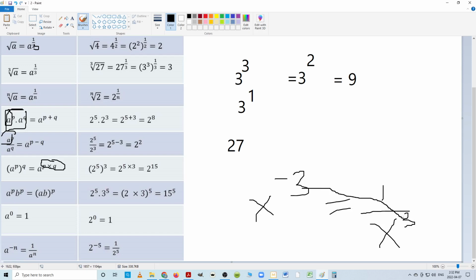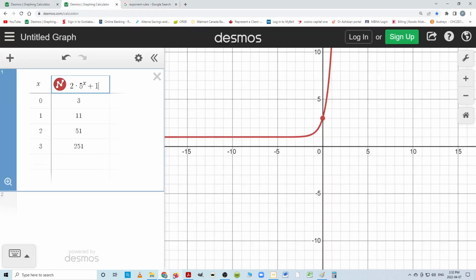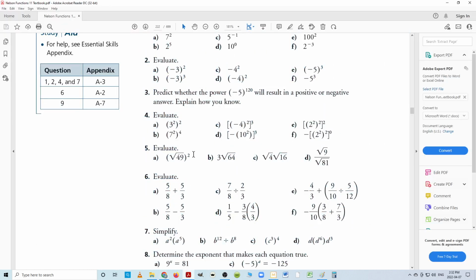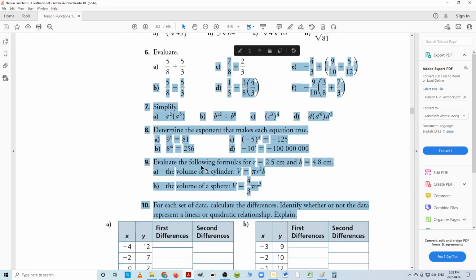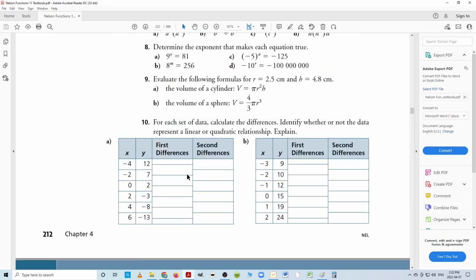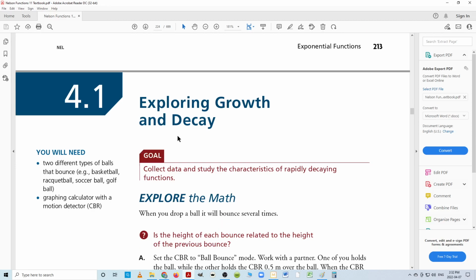So the exponent changes signs, and I put the x in the opposite area of the fraction. Super important because it's going to apply to a whole bunch of different courses. So they want you to go through and revisit all your exponent rules and how to add fractions, how to divide fractions, how to work out first differences, second differences, and it's pretty useful.